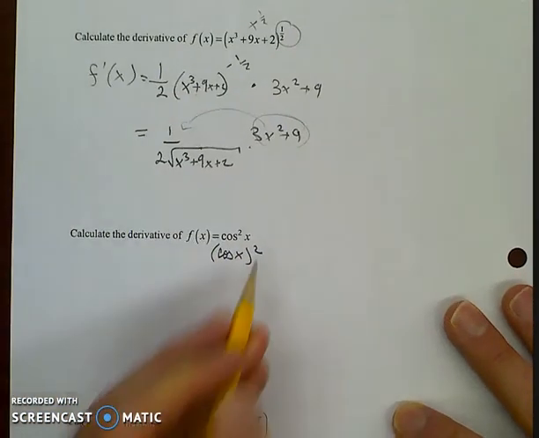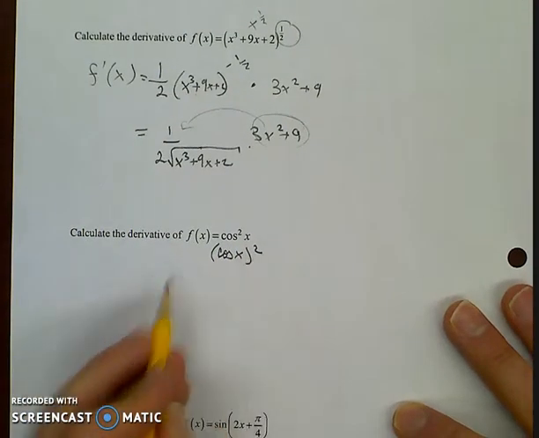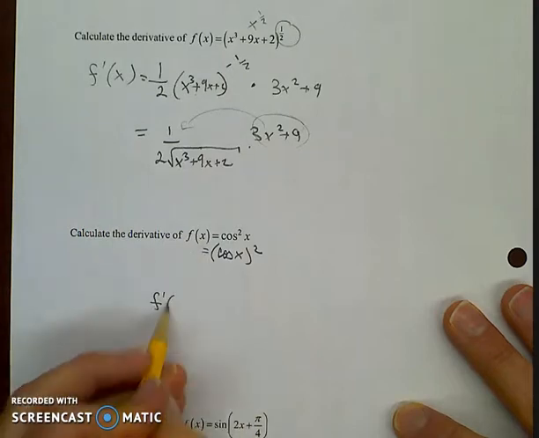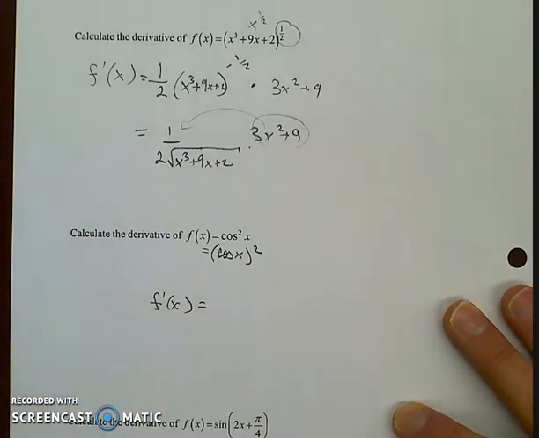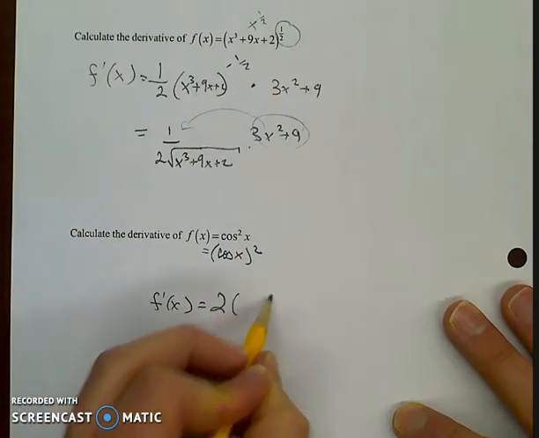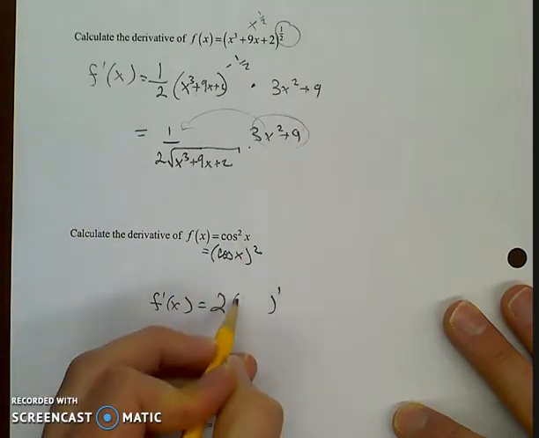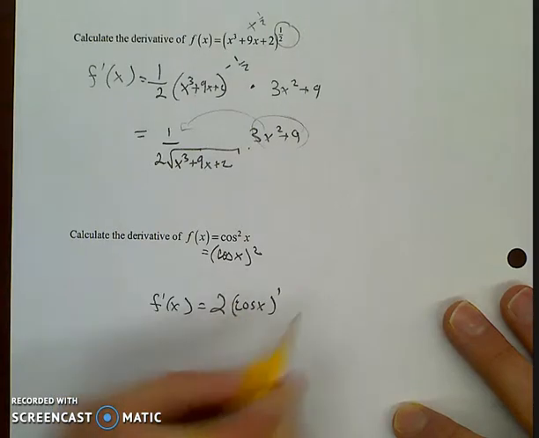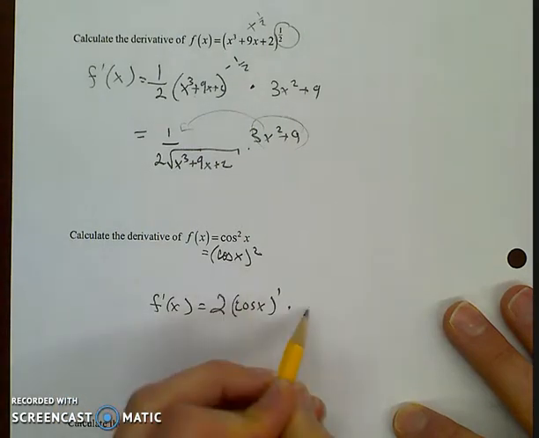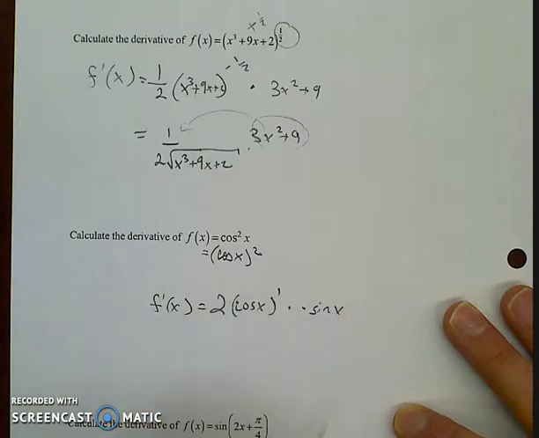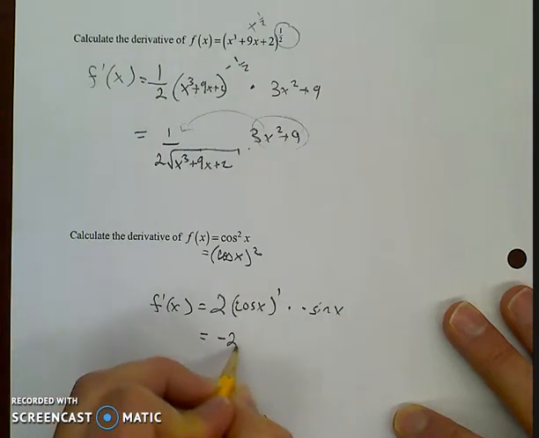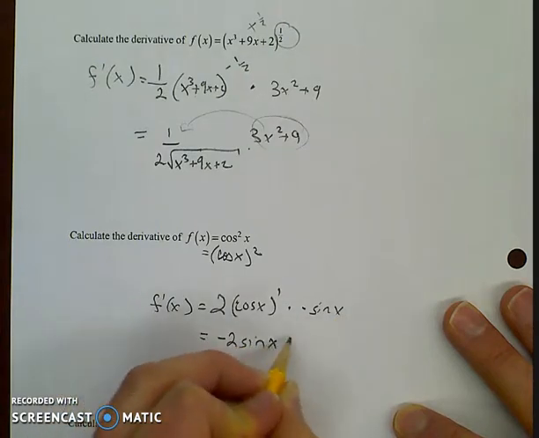The derivative for the next example, let's try to move quick here. The derivative of the outside, 2, for the first, keeping the inside the same, multiplied by the derivative of the inside. So we're left with negative 2 sine x cosine x.